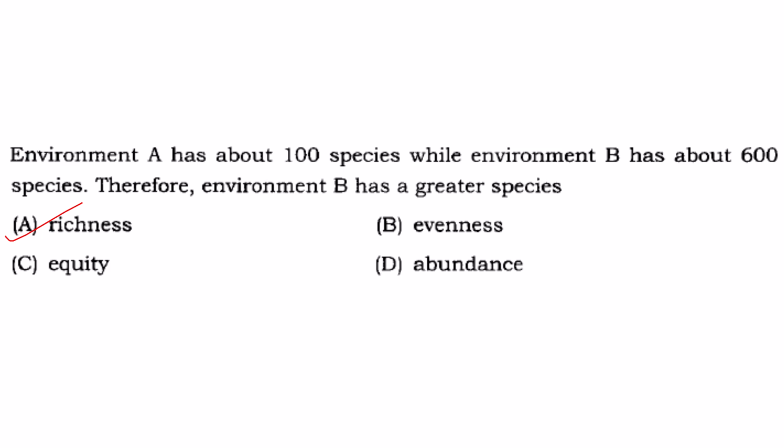Now what is species evenness? Species evenness means how evenly the individuals of a different species are distributed in a community. It can be high species evenness or low species evenness. High species evenness means each species will have almost a similar number of individuals.